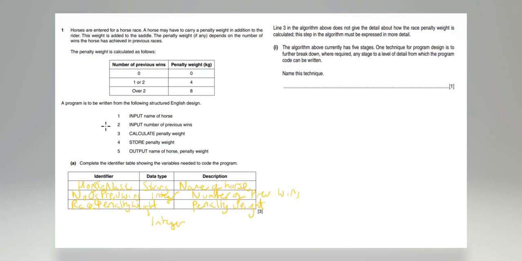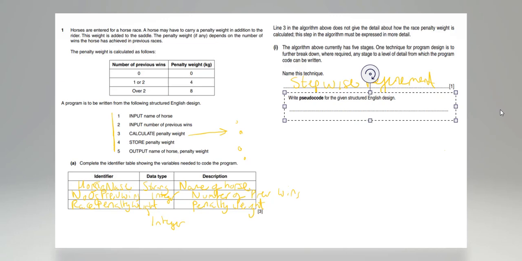One technique for program design, so we'll talk about these 5 stages here, is to break down the code even further where required. Any stage to a level of detail from which the program code can be written names techniques. So it's basically saying, if you can break down step 3 into sub-steps, what's another way of calling that? And I'm hoping you recognized it's talking about stepwise refinement, as always. Pretty easy, right?